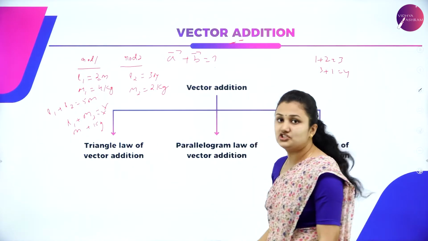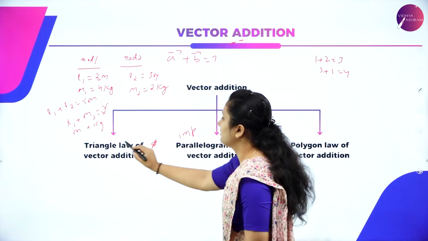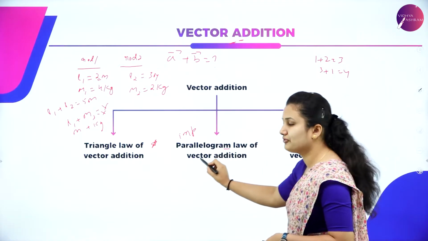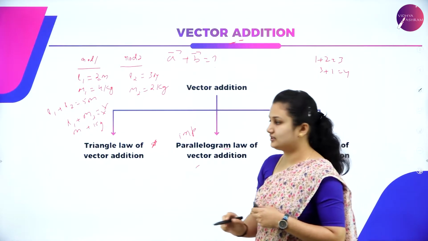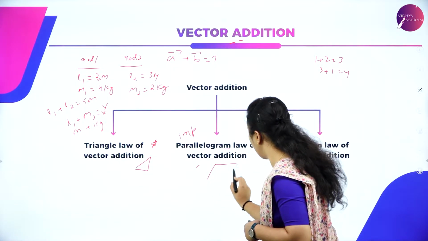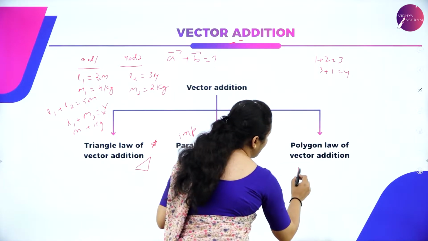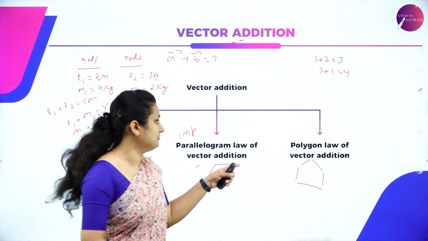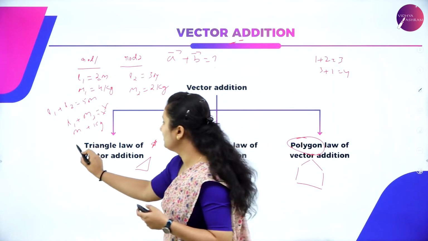For vector addition, we have three important laws: triangle law of vector addition, parallelogram law of vector addition, and polygon law of vector addition. It has five sides. We'll first start with triangle law.